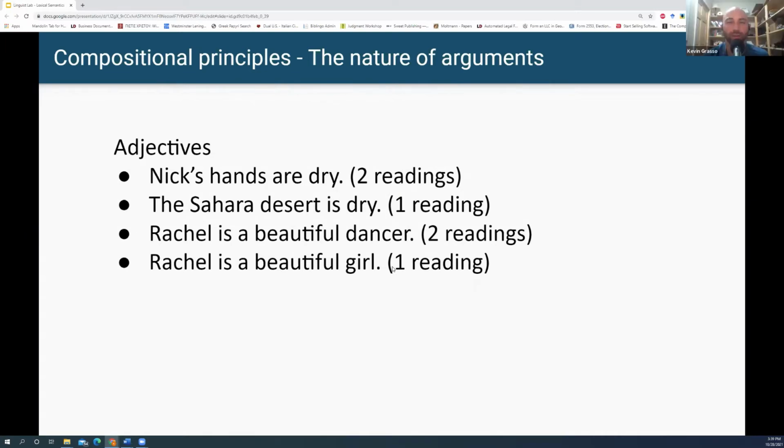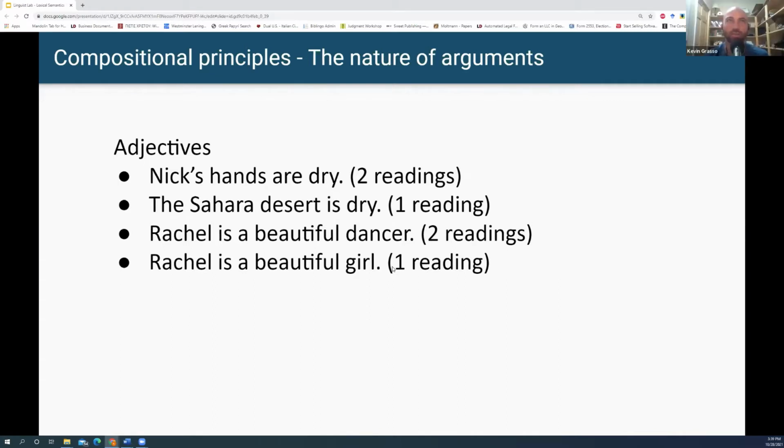I think you're right, but can you explain a little bit more? So it could be, Nick's hands are dry as opposed to wet, or it could be the skin is flaky and dry and it's cracking as opposed to the skin is moist and healthy and has nothing to do with water moisture, for example.